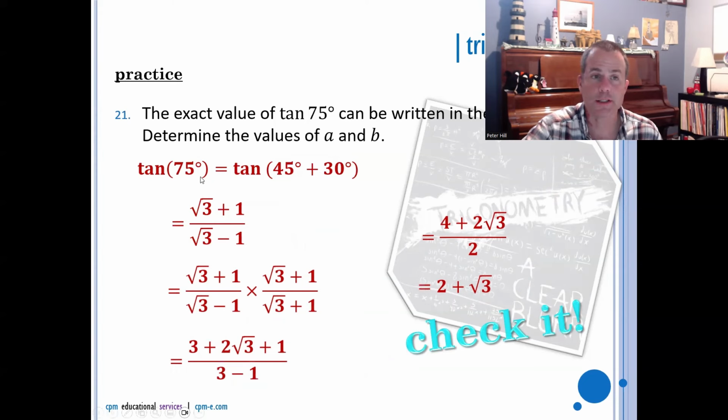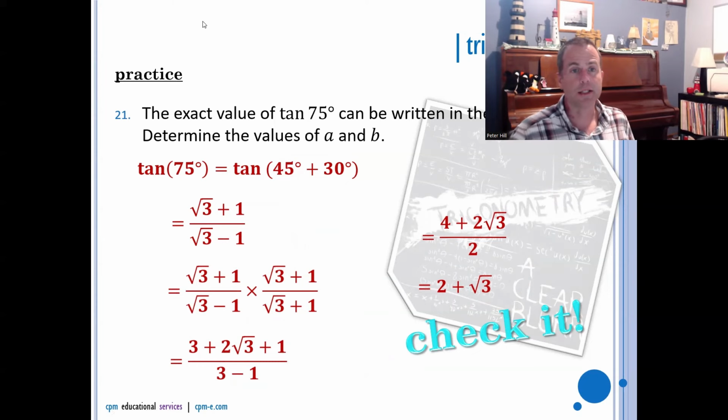If I wanted to check this, I could just grab my calculator and go tan of 75 and see the random decimal that my calculator gives me, and then take my calculator and type 2 plus root 3, and I'd be looking at the same random decimal, which means maybe that decimal isn't all that random. Okay. Awesome job, guys.